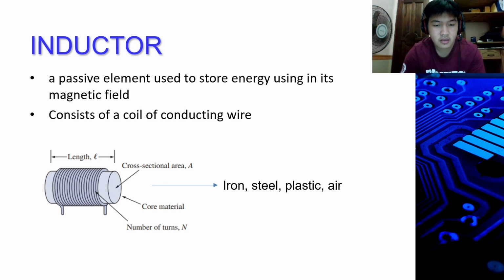Let's define what an inductor is: a passive element used to store energy in its magnetic field, consisting of a coil of conducting wire. The inductor stores energy using a magnetic field in the form of current, and after some time it releases it for use by other elements in the circuit. Let's say, for example, in this picture.